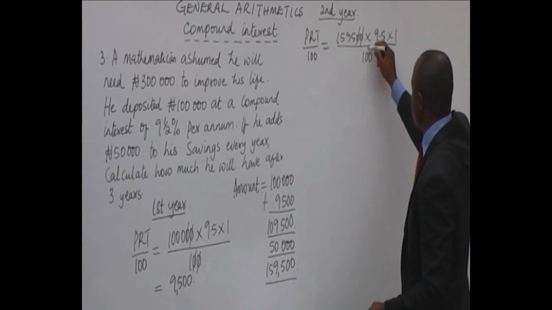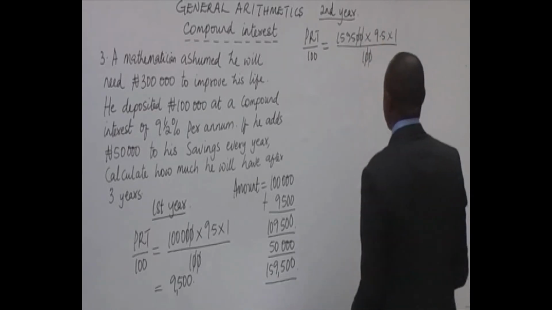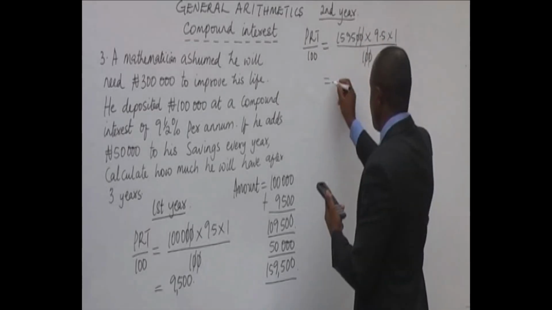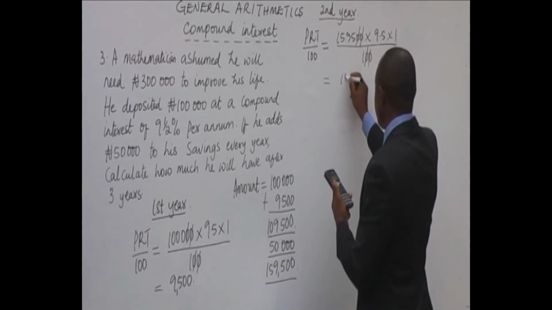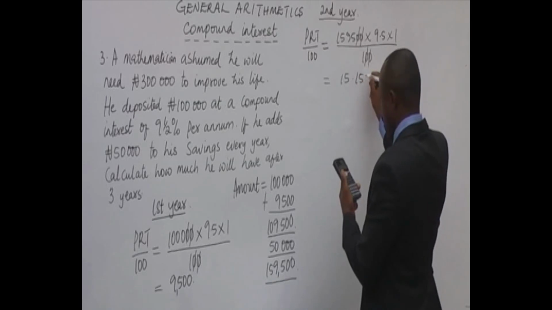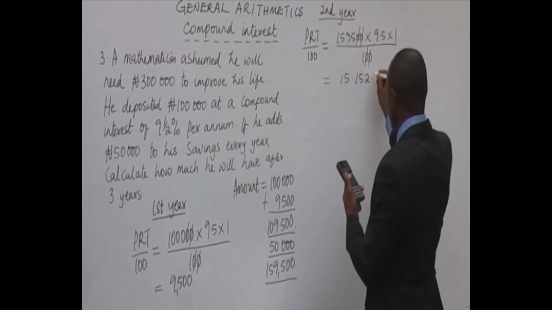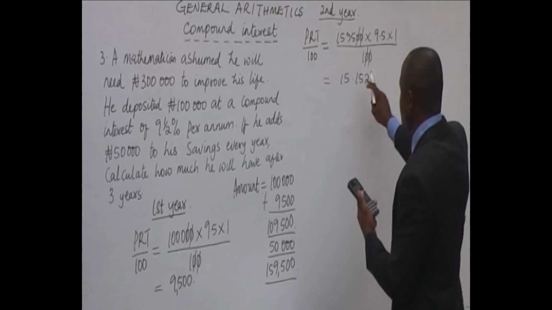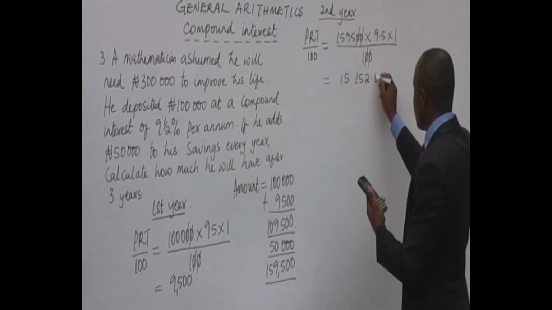You can cancel the two zeros up and down. So we now have the interest that accrued in the second year as 15,152 naira 5 kobo.